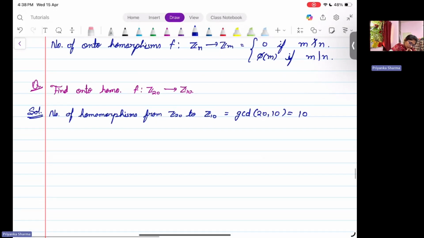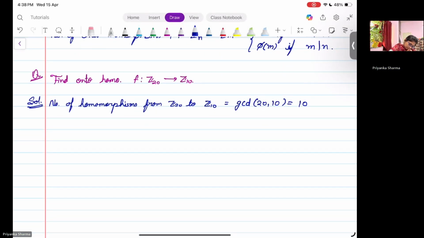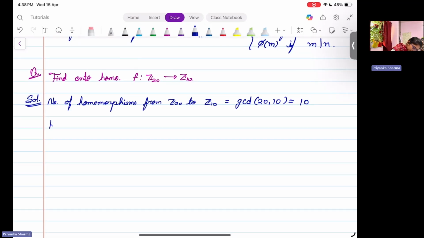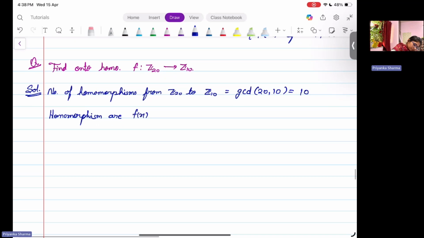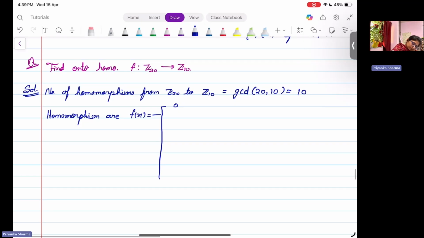And the homomorphisms are f of x is, again what we will do, a will be m by d times k, and k varies from 0 to 9, right?